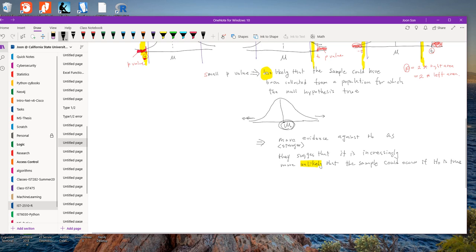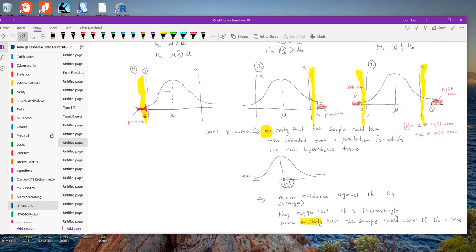Basically, if the null hypothesis is true, it's unlikely that we're going to observe this t that is this far away from the mean. If the null hypothesis is true, your t value should be very close to this mu. But in reality, you observe a t value which is really far away from the mean.